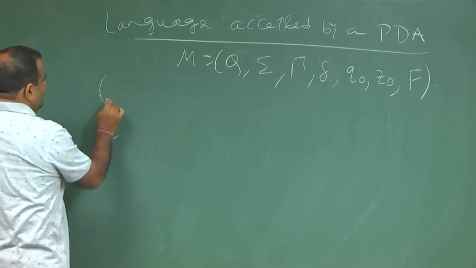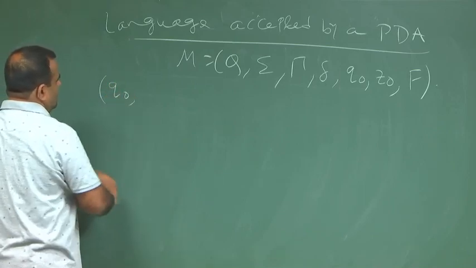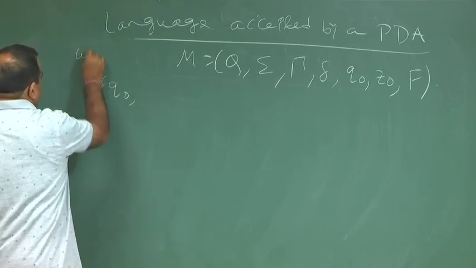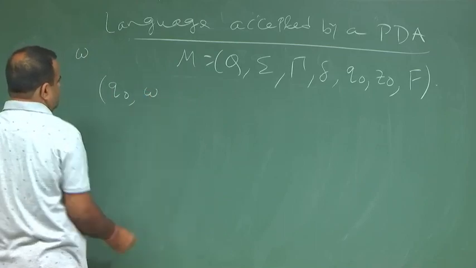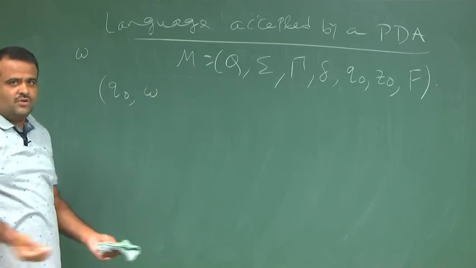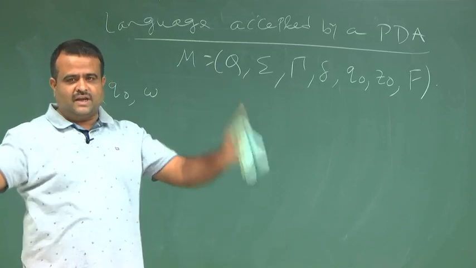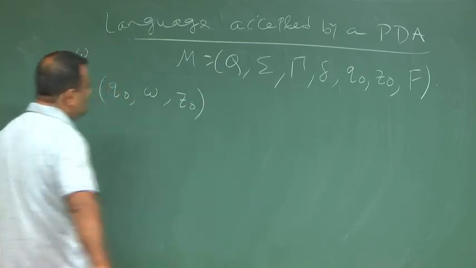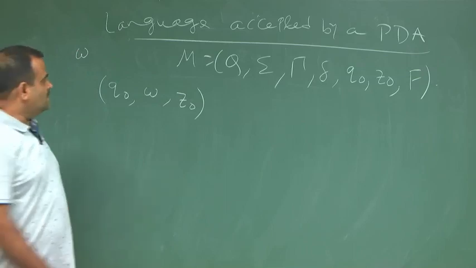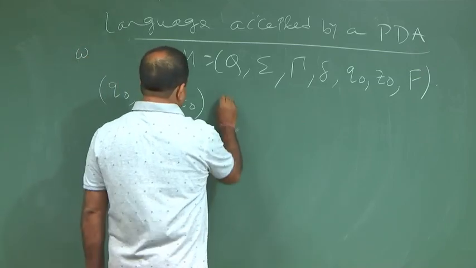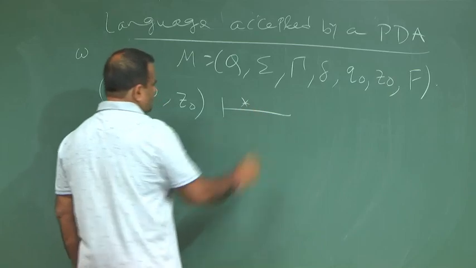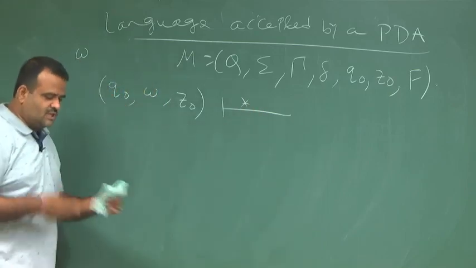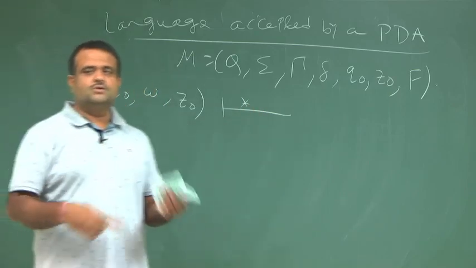Now, our initial ID is we are at q0 and w is the string we need to read. So, we put w on the tape and the initial stack symbol we are using is Z0. Now, suppose this goes through repeated application of these delta rules.